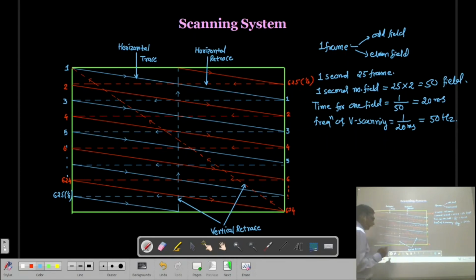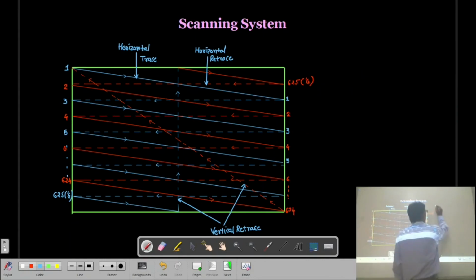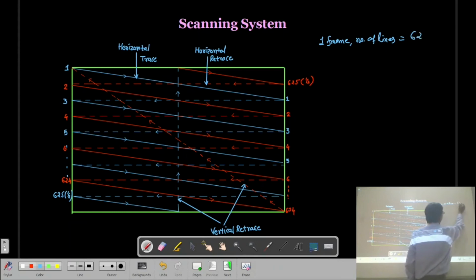Now, let us see what is the horizontal scanning frequency. The number of lines in one frame is 625. So in 25 frames, the number of lines is 625 into 25, which is 15,625 lines.